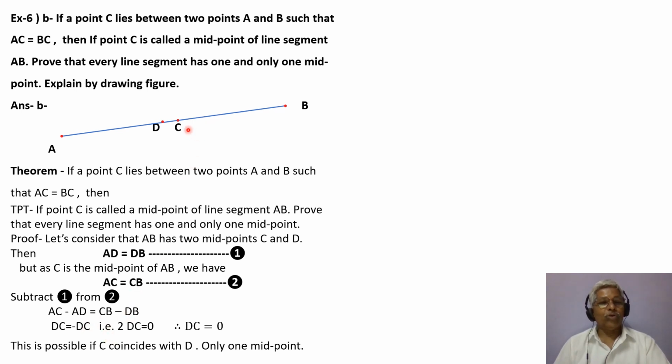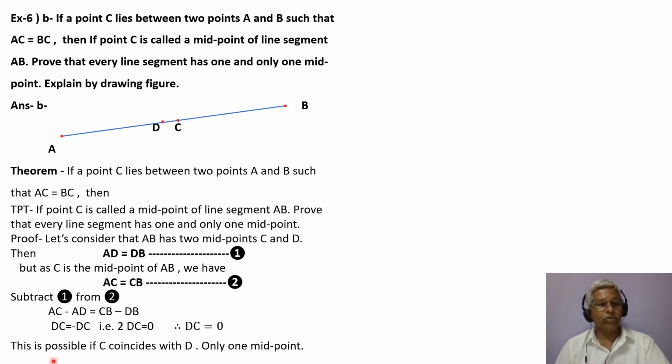CB minus DB is minus DC. Got it? Very easy. AC minus AD is DC because AC was larger. Then CB minus DB is minus DC. Very simple.